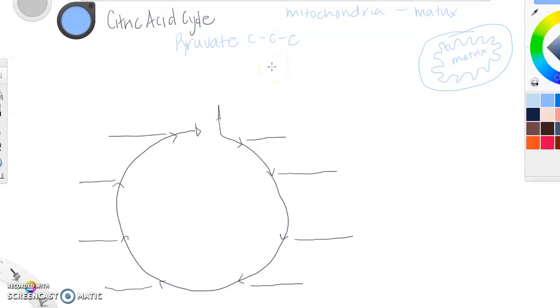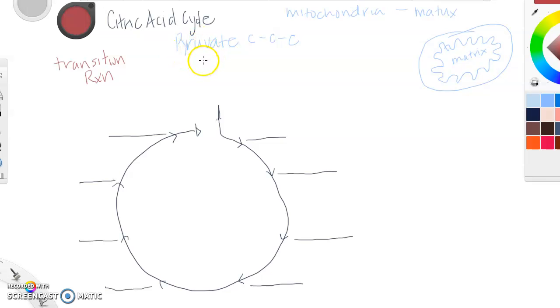So before we can enter the citric acid cycle, we have to change the pyruvate because the citric acid cycle requires a molecule that's only 2 carbons, and this one is 3 carbons big. So we have this little transition reaction that occurs when the pyruvate comes into the mitochondria.